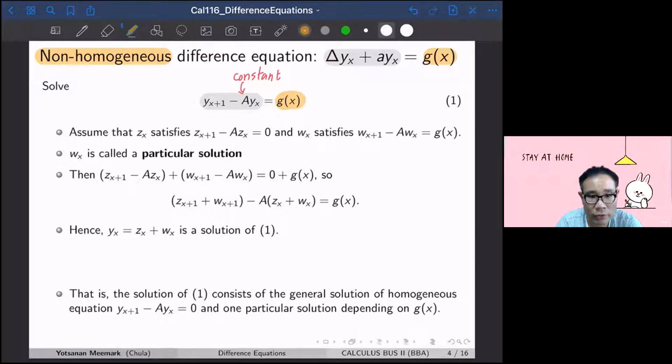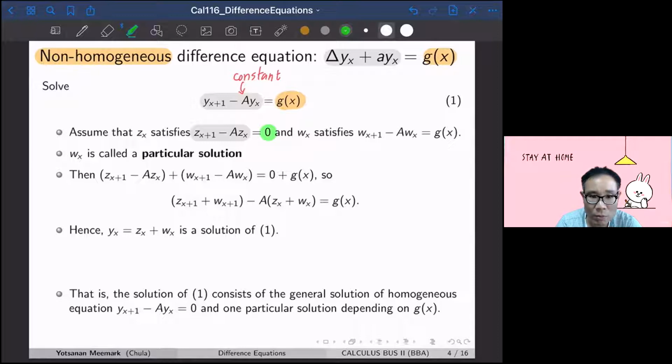So we're going to assume that z(x) satisfies the homogeneous equation. The thing that you have in common turns out to be this first order part, z(x+1) minus a z(x), and instead you're going to have 0 on the other side. So z(x) satisfies the first order difference equation equal to 0.